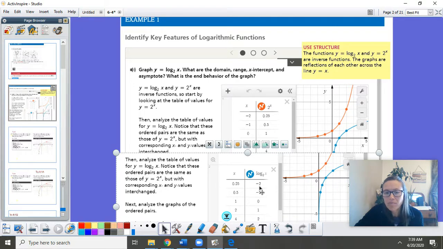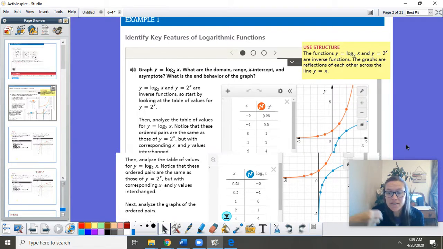Well, when we're trying to build the table for the log base 2 of x, we can swap those values. So this 0.25 or 1/4 becomes our x value. The x value from up here becomes our y value. And you can see that throughout the table.